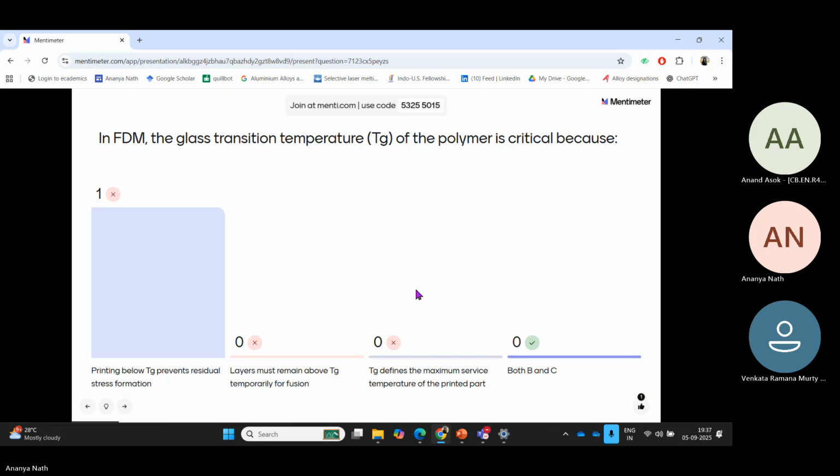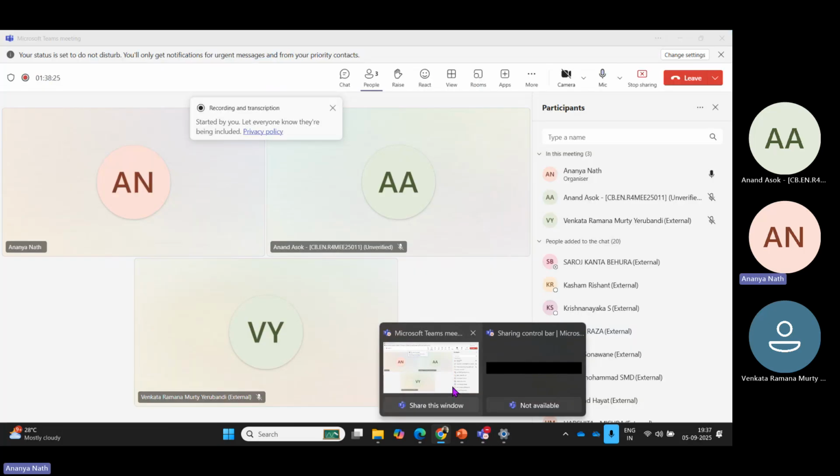Okay. So, whoever has joined right now, if you want to attend this quiz, it doesn't have any marks. It doesn't have any marking related to your examination. It's just to revise the concept, just to have more understanding of the process that is going on this week, which is FDM. So you can join.